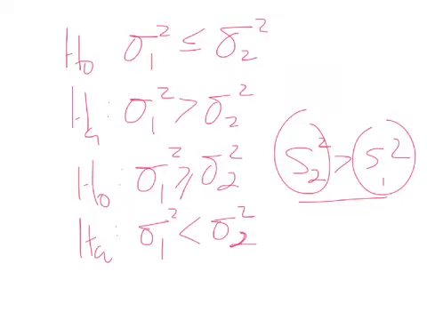Okay. Now, to use the F table, let me show you this very quickly. The thing about the F table, which is a little different from the T table, is that we have two different degrees of freedom.